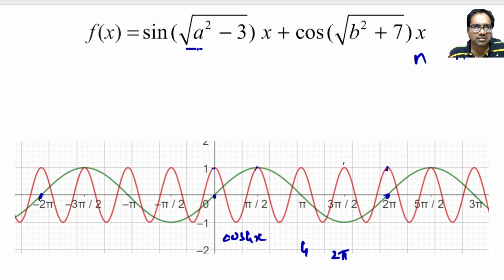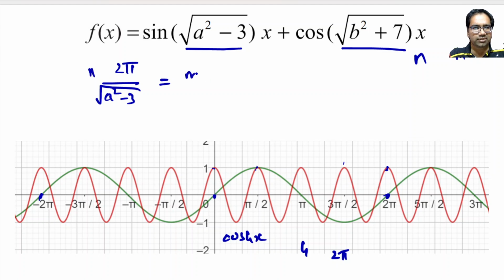Now here this is sin nx or sin mx, whatever. So each sine cycle is taking 2 pi by under root a square minus 3 units, and let us say it is taking n cycles, and this should be equal to m cycles of cos.